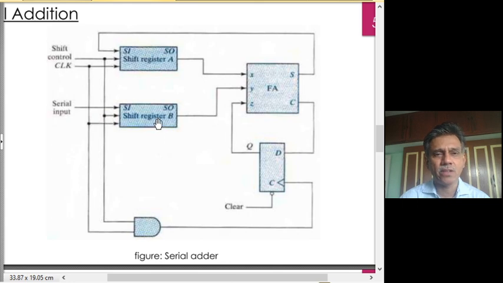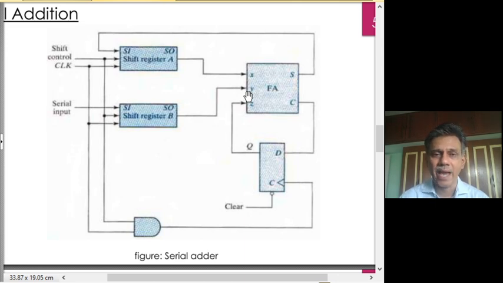while the content of the B register can go away. We are not bothered about it. And here you have got a full adder. One of the inputs to the full adder, call it X, comes from the serial output SO of the shift register A. The other bit Y comes from the serial output of register B. You know that when we add bits from LSB onwards, you have to take care of the carry that is generated in a bit position i when we add it along with the bit i plus 1.